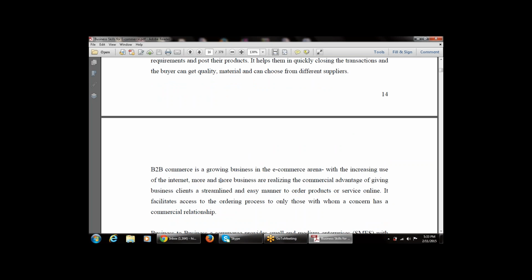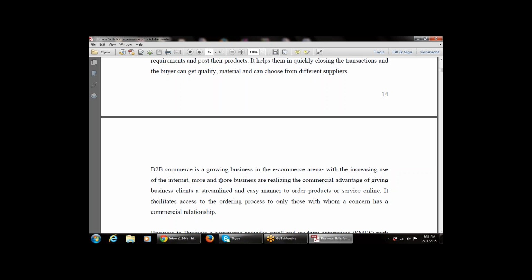Every business partner deals with another business partner with the help of the internet. So there is a proper streamline among the various business partners, and an easy method to order a product or service online.